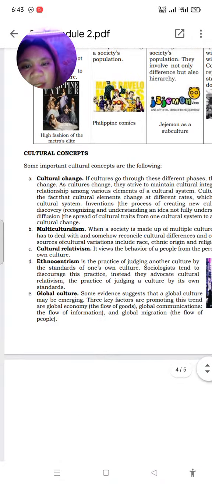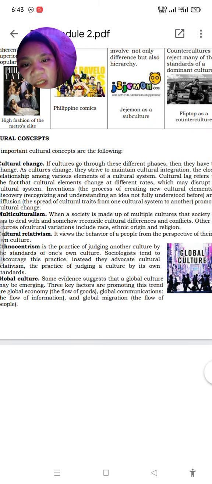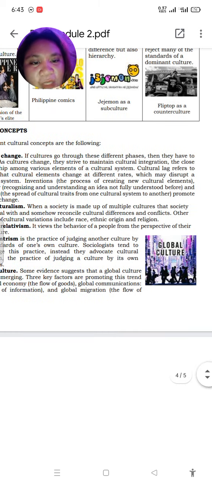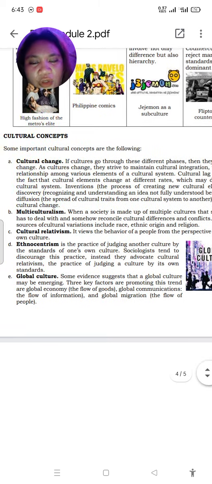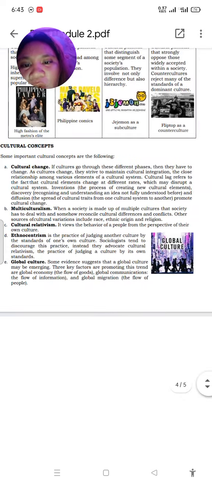So next is the cultural concepts. Some important cultural concepts are the following. For example, cultural change. What is cultural change? If cultures go through these different phases, then they have to change. As cultures change, they strive to maintain cultural integration, the close relationship among various elements of a cultural system.